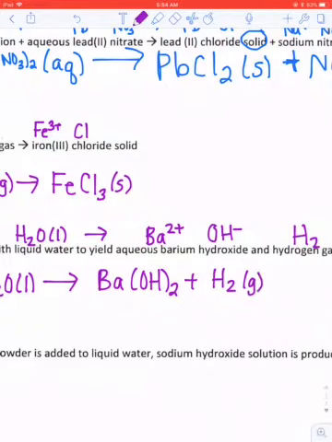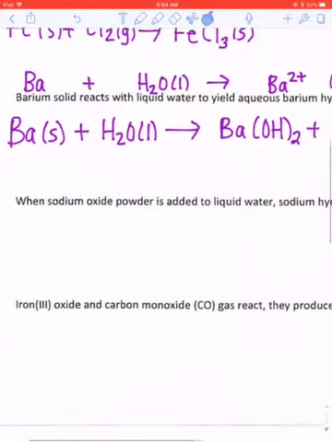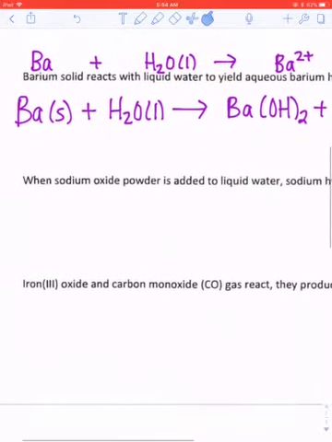Now, something you may notice is that there's no coefficients in front of any of these things. These equations are not balanced. We're going to learn about balancing next.